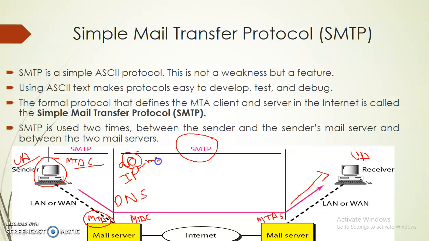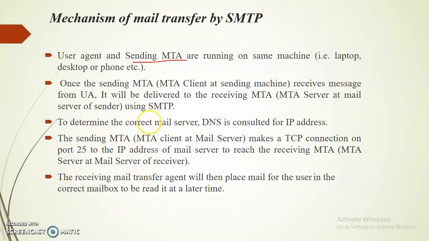In that case your data will be transmitted over the internet, and it will first find the IP address, then the MTA client, with the help of the IP address, transmits the mail to the receiver's mail server. That is the mechanism to transmit the data to the receiver's mail server. Till now we are just talking about the mail reaching the receiver's mail server from the sender.